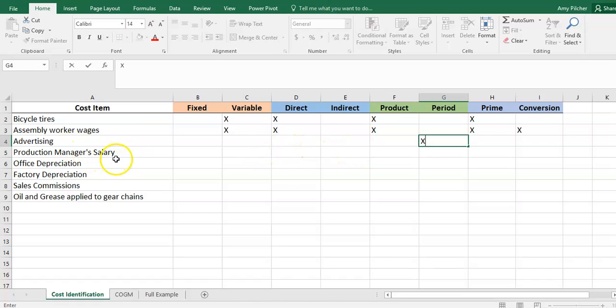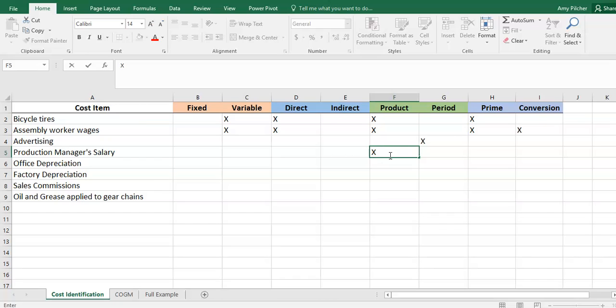The production manager's salary. The clue is given in our word, production, so it's related to our products. Is it a direct or an indirect cost? In order for a cost to be a direct cost, if you remember from class lecture, it has to be able to be directly related to the exact product.